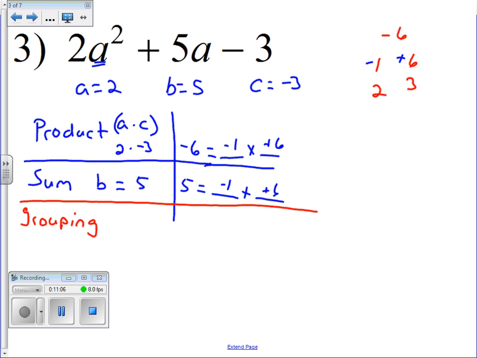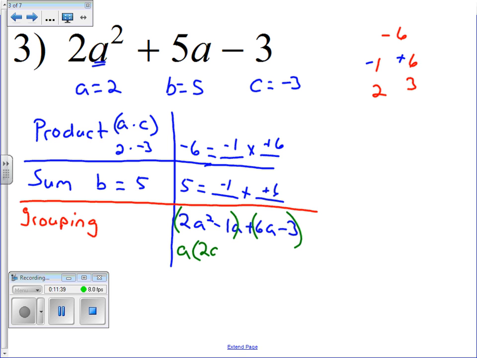So grouping, I'm going to rewrite this as 2a squared minus 1a plus 6a minus 3. Then what goes into 2a squared minus 1a evenly? A, or what can I factor out?